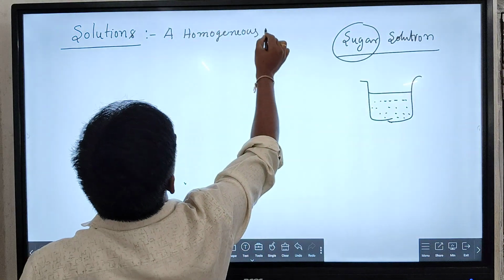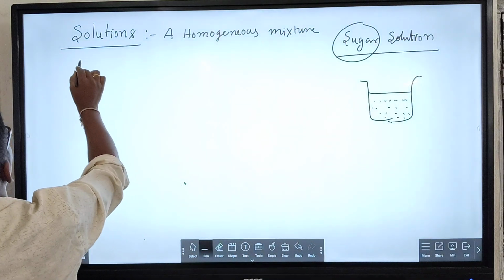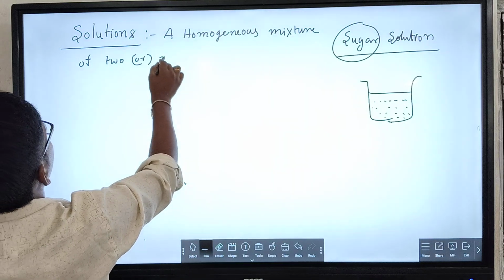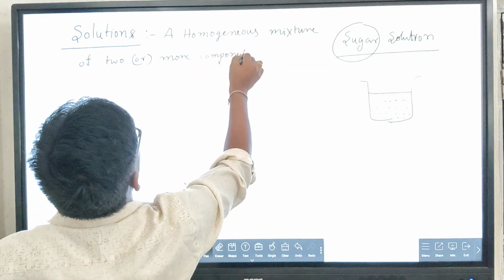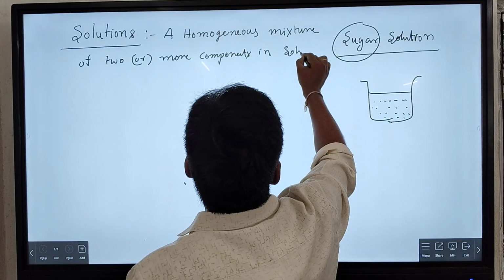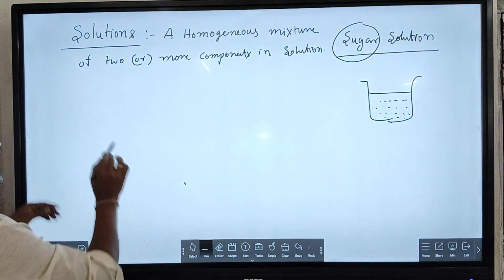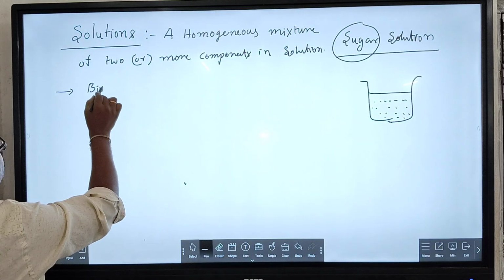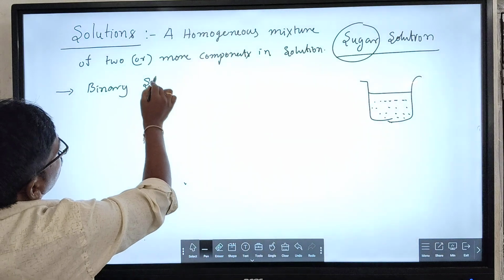So a solution is nothing but a homogeneous mixture of two or more components. Generally in this chapter we are using binary solutions.